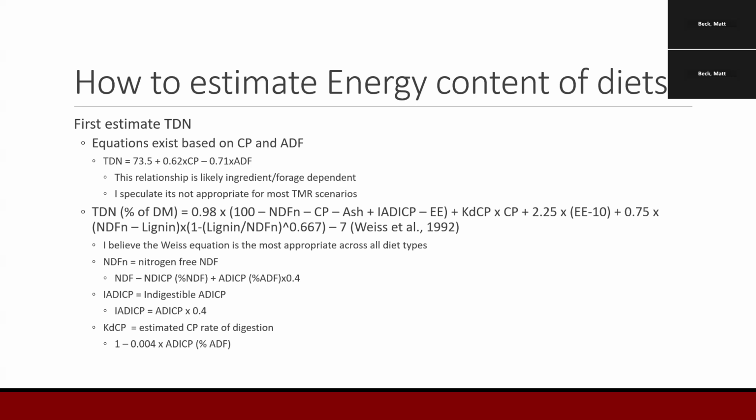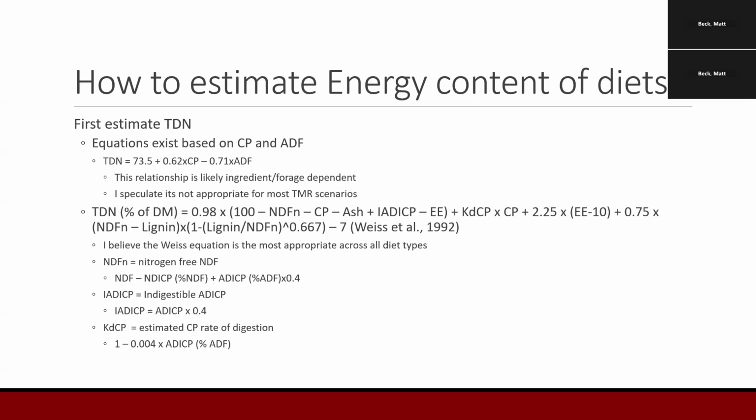Okay. So Weiss's summative equation estimates digestibility of the nitrogen-free extract. You guys would remember that from feeds, okay, as a measure of starch. In this instance, it's using nitrogen-free NDF, crude protein, ash, the indigestible fraction of ash or of crude protein, and ether extract times 0.98.